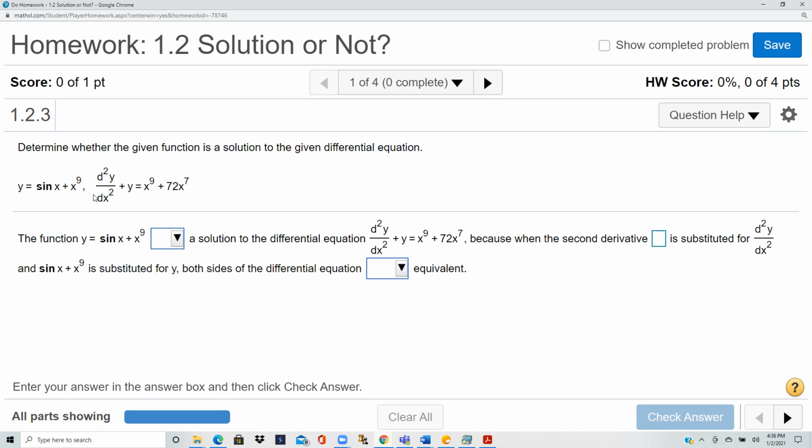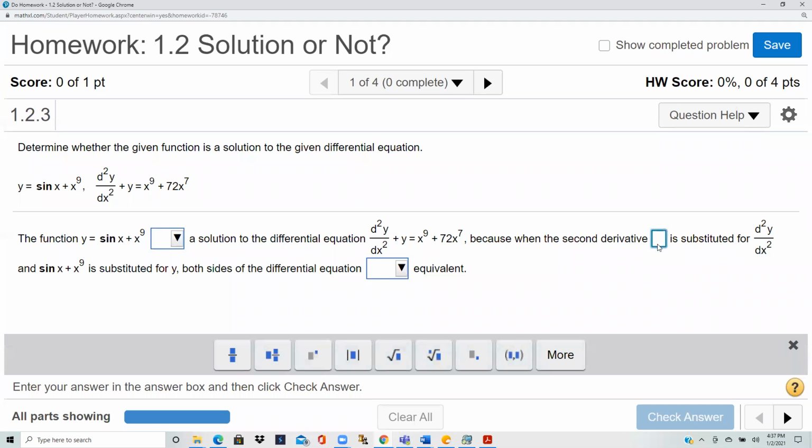So we will take the second derivative of y and then substitute that and the y in this equation and see if what we get is true. If so, then it will be a solution, otherwise not. So let's see. Right now we don't know whether it is or is not. So let's go to this step, which is about taking the second derivative.